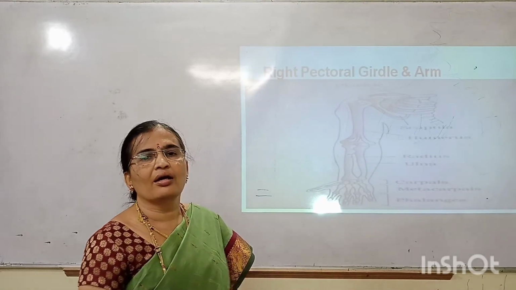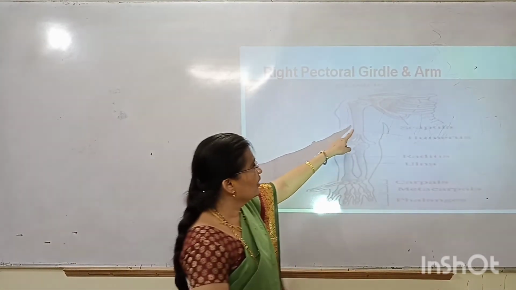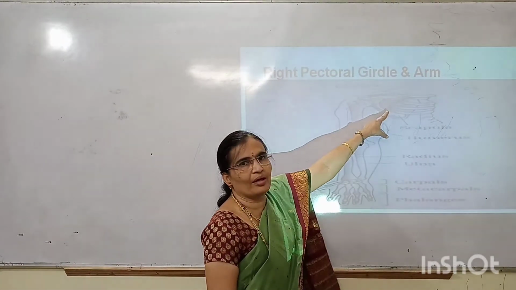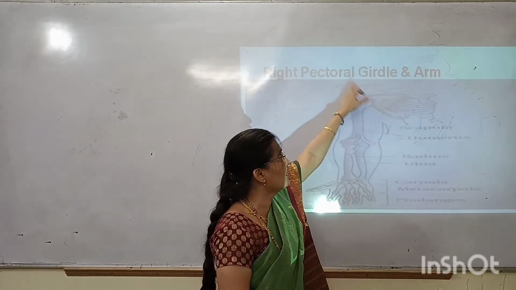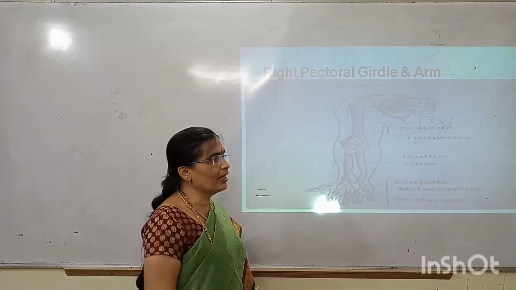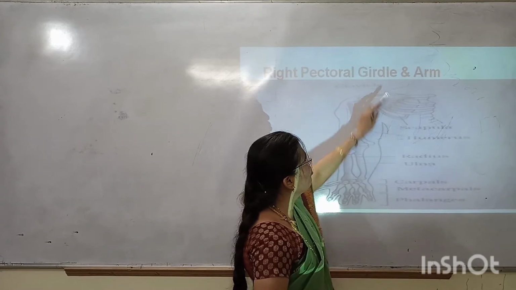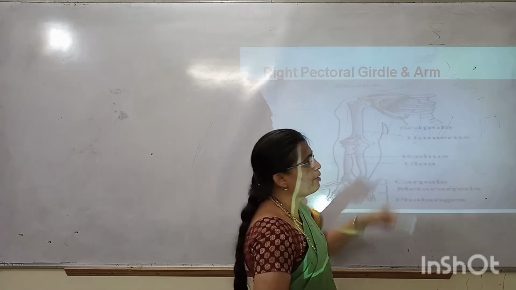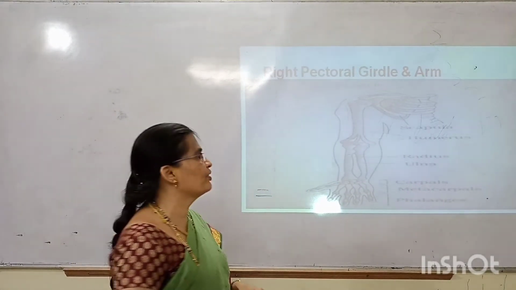The pectoral girdle helps in articulation with the humerus, the articulation of the humerus in the shoulder. So in the pectoral girdle, two bones are there. One is the clavicle and another is the scapula.